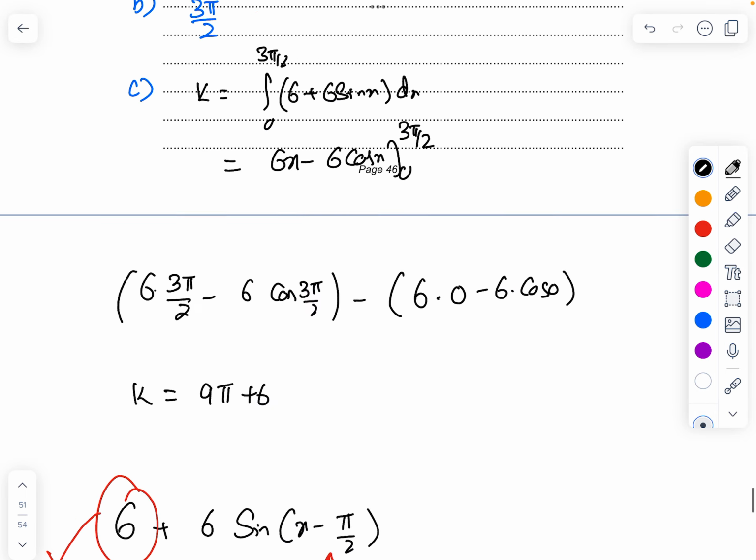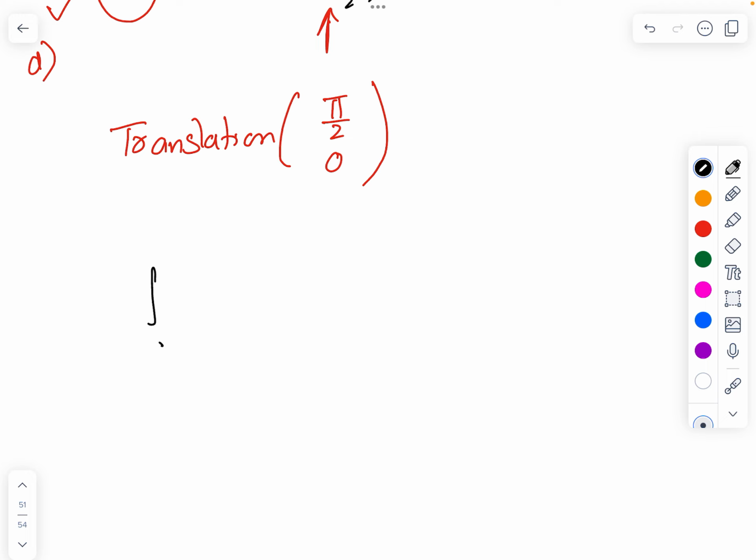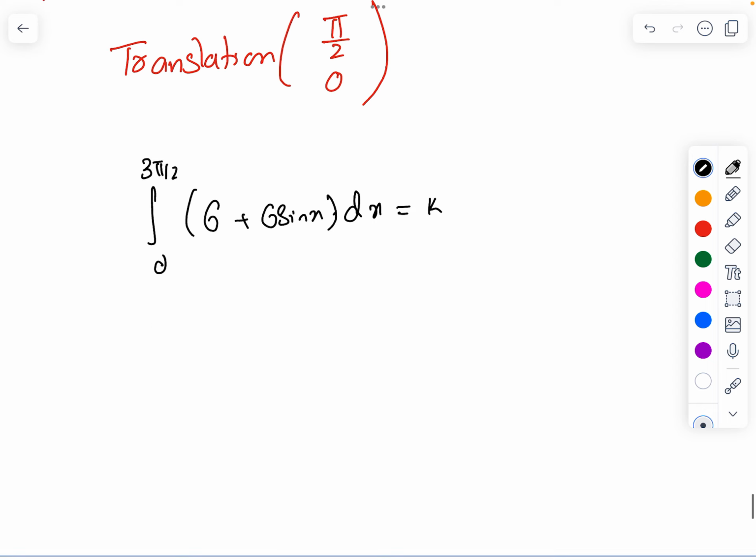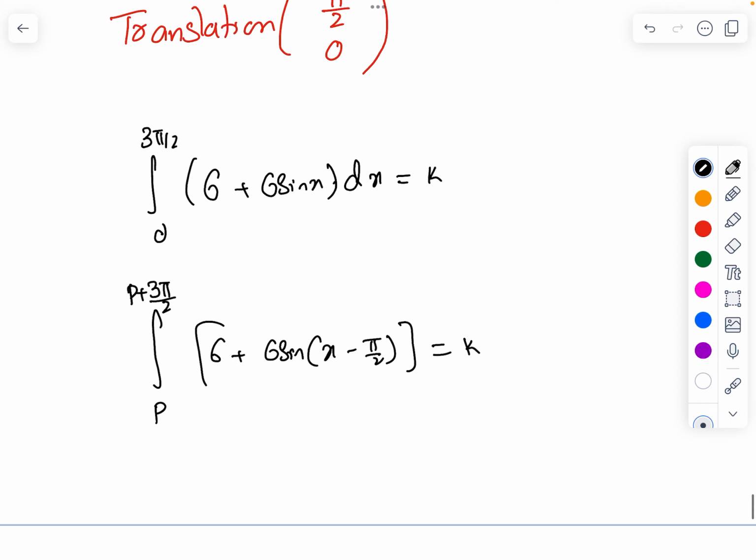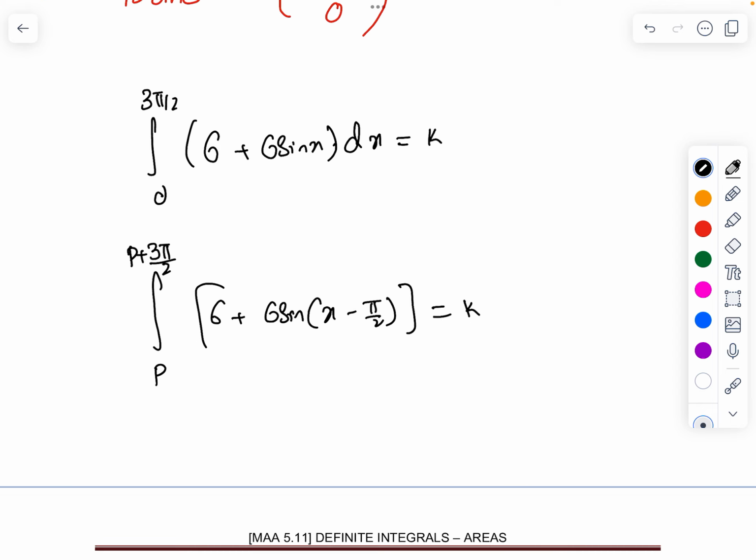K was the area from 0 to 3 pi by 2 of 6 plus 6 sin x. Now from p to p plus 3 pi by 2, 6 plus 6 sine of x minus pi by 2 should also be giving you the same answer as k. How is that possible?